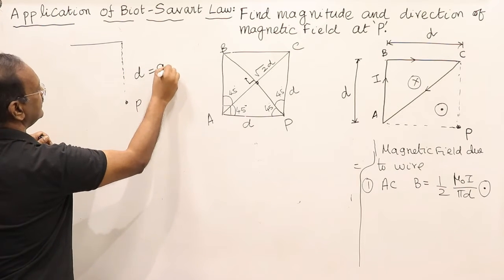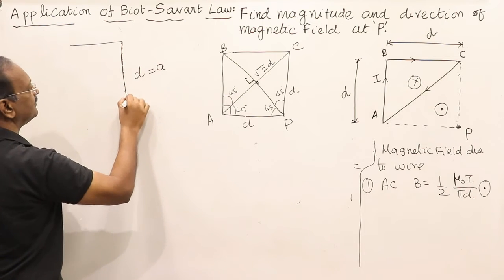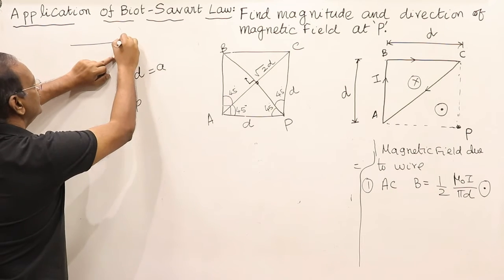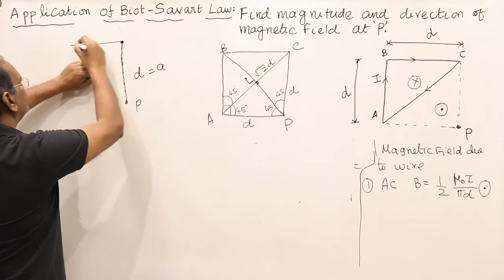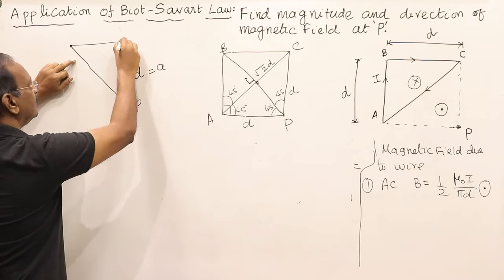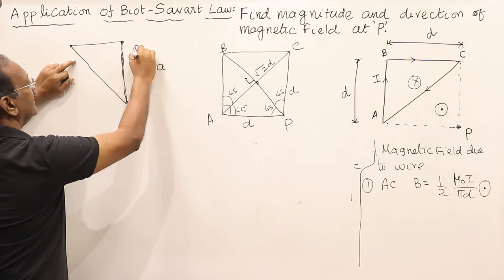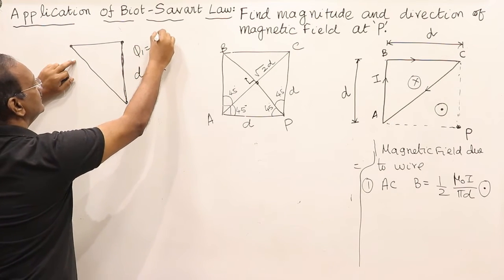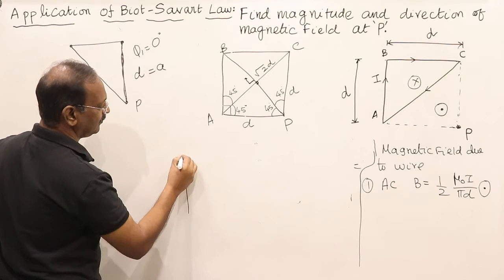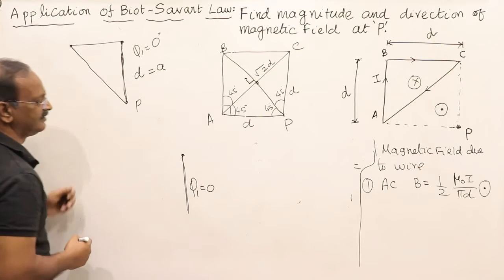Now we join this perpendicular line, which is the reference line. With respect to the reference line, we join one end and the other end. The line joining one end makes an angle with the reference line that we call 0 degree, because this is the perpendicular distance line, that is A, and one end also makes the same. It means phi 1 or phi 2, we can call it 0 degree.